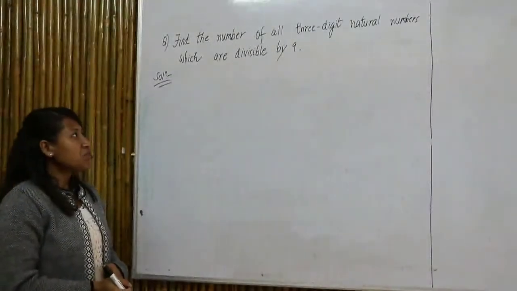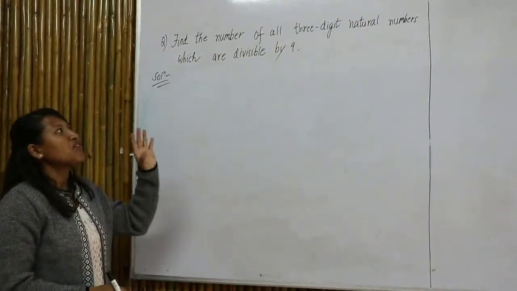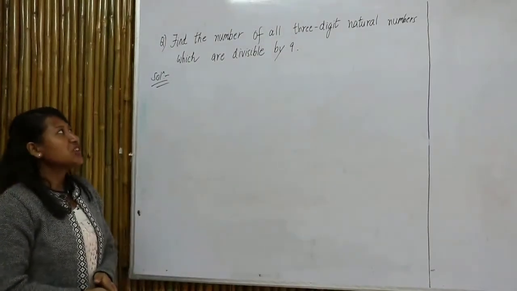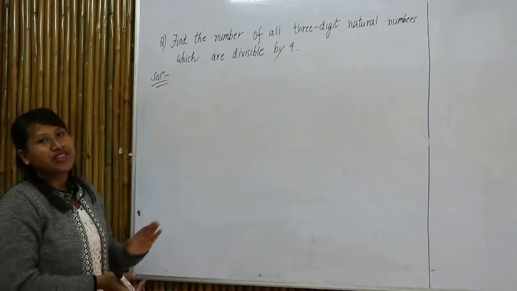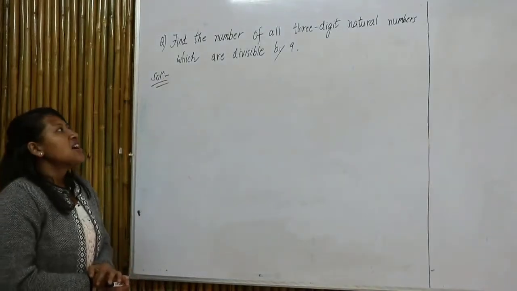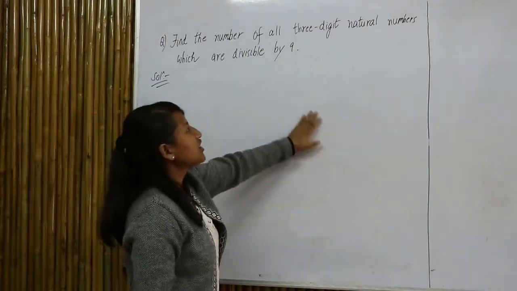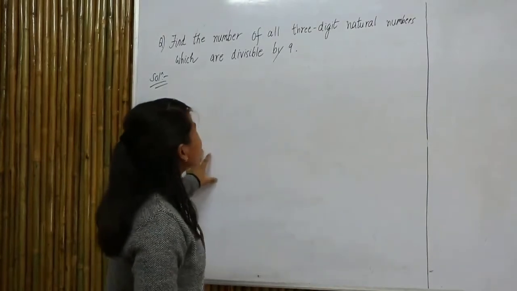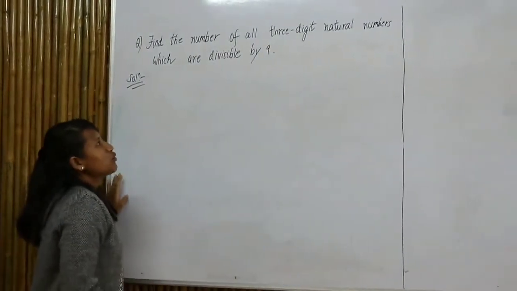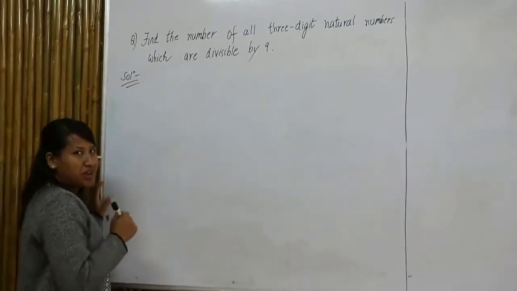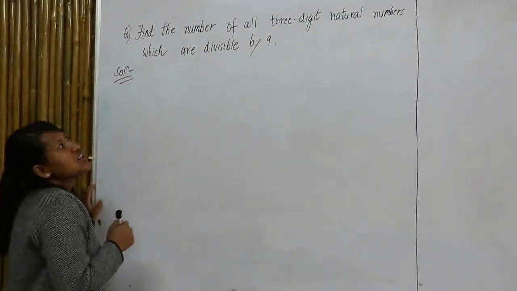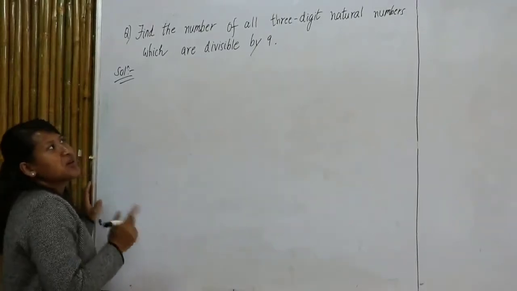This next problem: find the number of all 3-digit natural numbers which are divisible by 9. Now, if you check this question, we will solve this with the help of an AP. So 3-digit natural numbers first.